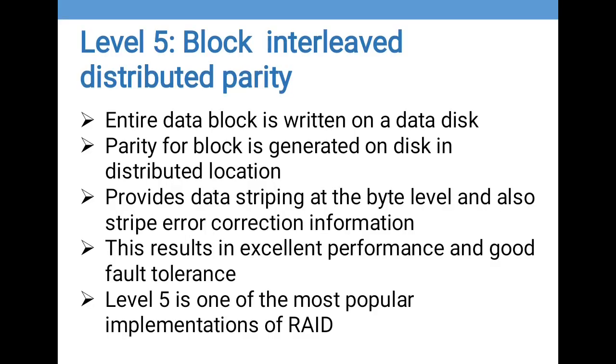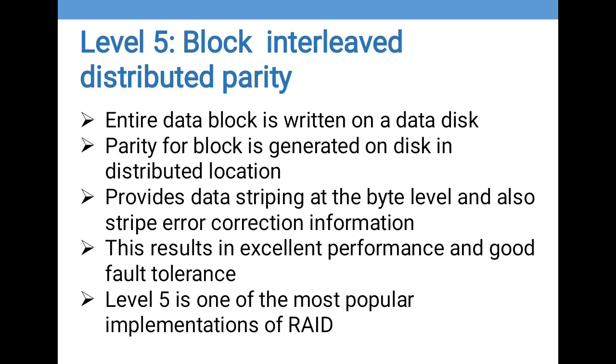The next level is level 5, which is called block interleaved distributed parity. Instead of placing the parity bit in a separate array of disks, the parity bit is placed in each array of disks here. The entire data block is written on a data disk along with a parity bit also generated on that disk.